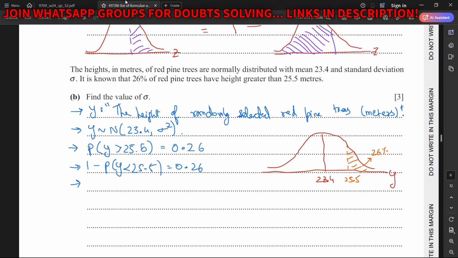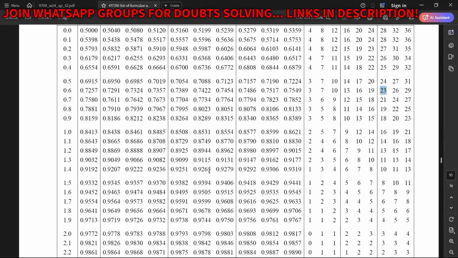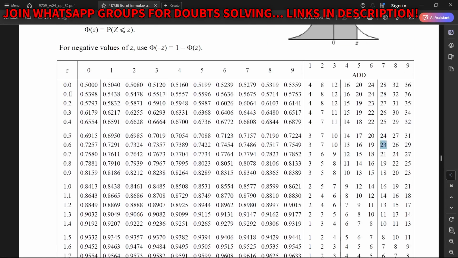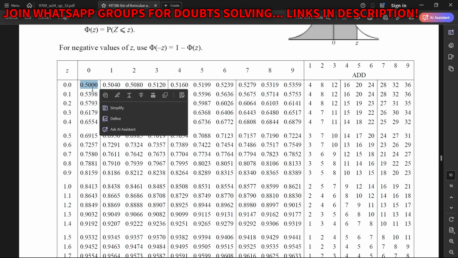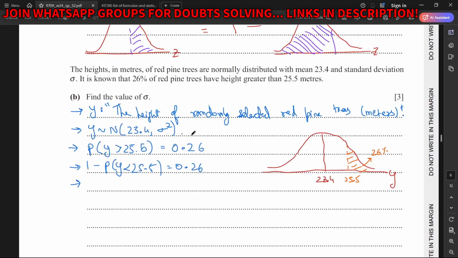Now, a 0.26 probability is not possible to find in this table because the probability value starts from 0.5. It is nowhere possible for me to find this 0.26, and that is why I'm doing this conversion.